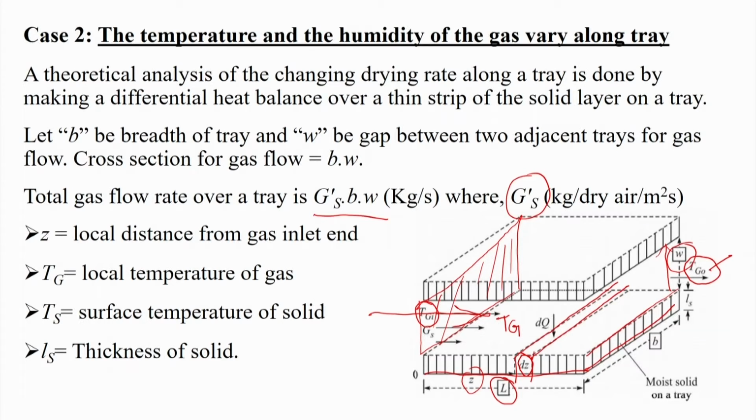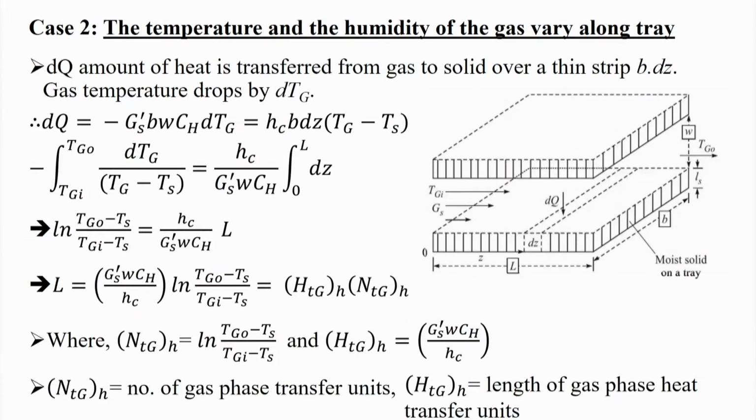Ts is the surface temperature of the solid, and Ls is the thickness of this material, the thickness of the solid material or wet solid. So, dq amount of heat is transferred from the gas to the solid over a thin strip of B into dz, because B is this length and dz is this width.